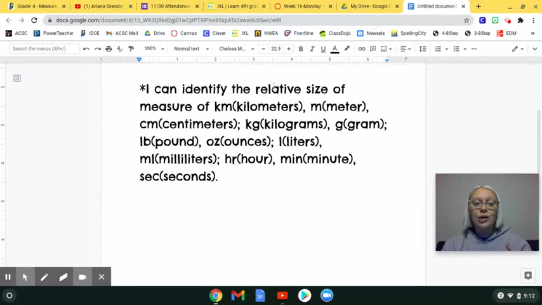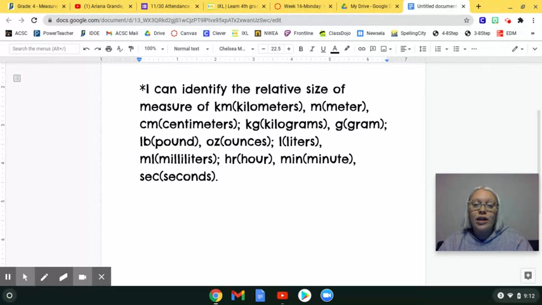Now let's go down to this second I can statement. This one's a little bit longer because I typed in some things here. And in this I can statement, you'll hear some of those terms from the metric system. You'll hear terms from our system as well, the standard units or the customary unit system. That's what we're using.